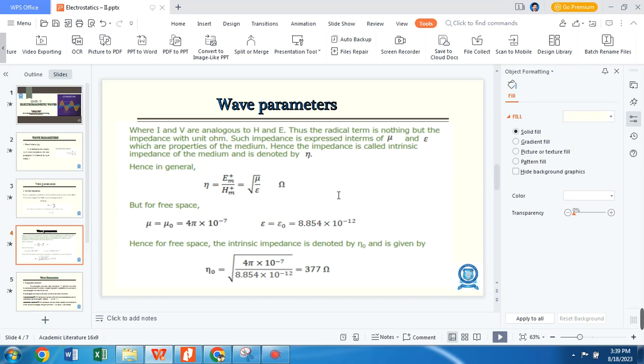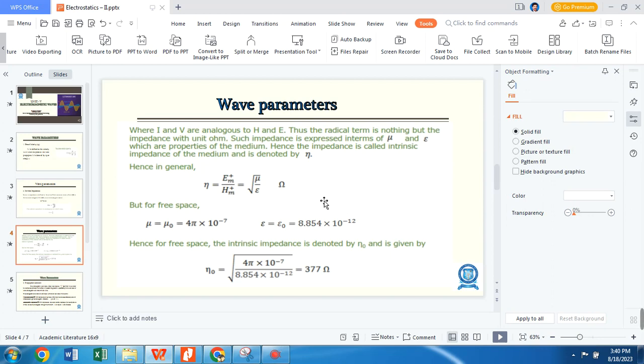Such impedance is expressed in terms of mu and epsilon, which are the properties of the medium. Hence the impedance is called the intrinsic impedance of the medium and is denoted by eta. In general, eta = Em+/Hm+ = root of mu/epsilon, its unit is ohms.